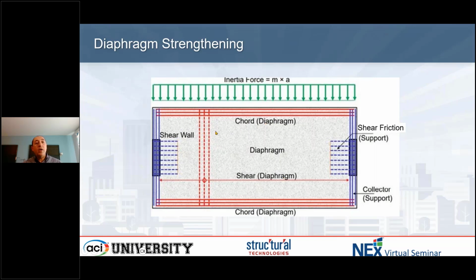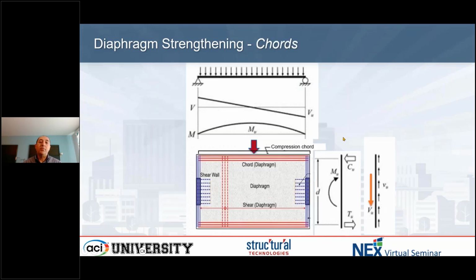I'm also going to have some shear forces on these diaphragms, and then there is some transfer of forces from all this mass to this one point of connection. I need to make sure I'm collecting all these forces and transferring them back to the shear wall, which are basically the collectors, right? So these are the main components, and let's go through them and think about them.